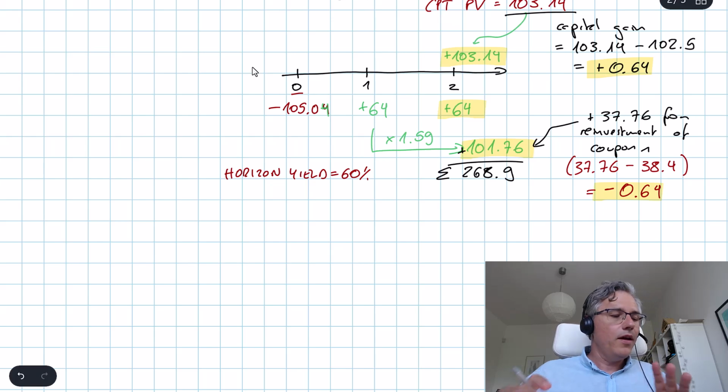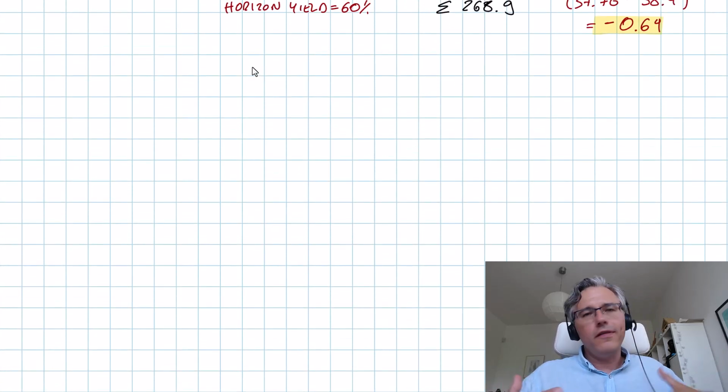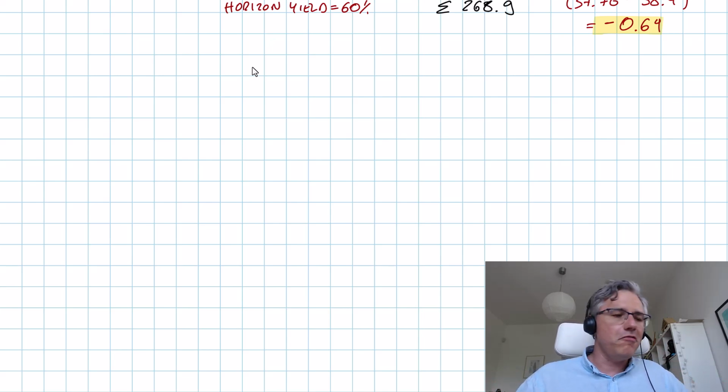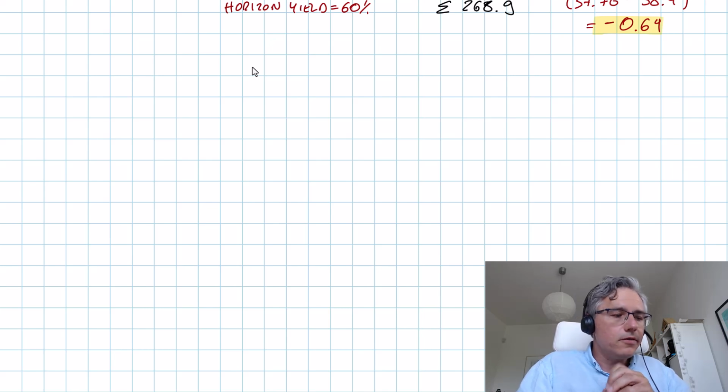No wonder. Right. As you can see, hopefully, from these very elaborate examples, it took a long time, but I hope you're now convinced that regardless of what happens to interest rates, we end up having the same horizon yield.